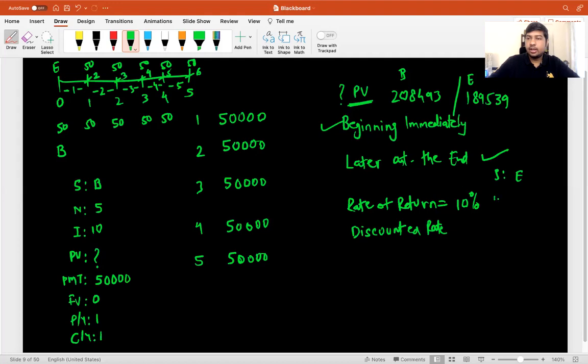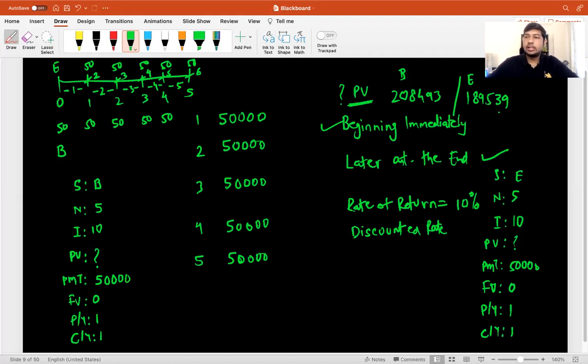So set end, N remains the same, 5, I remains the same, 10, PV is something that you need to find. PMT is 50,000. FV is 0. Payment per year is 1. Compounding per year is 1.